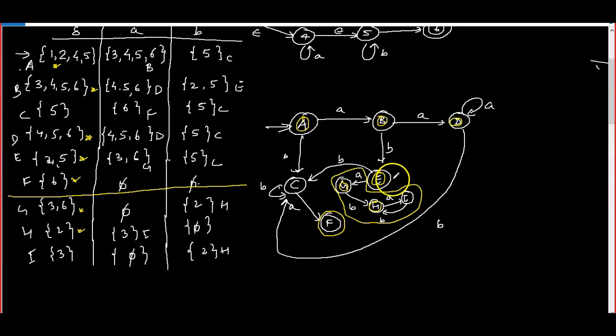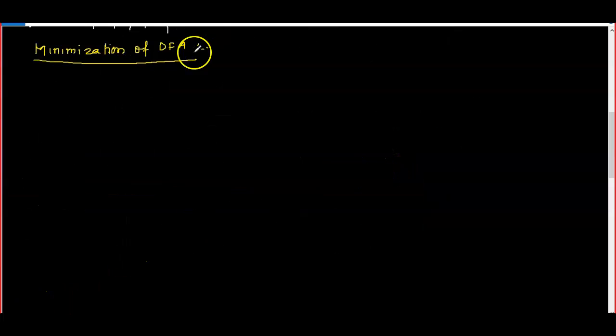Any doubt in this? No. So minimization of DFA is the next topic here. Now what will happen here? Consider you have been given several states. Consider somebody has asked to design a DFA. You have designed it by taking 4 states, Q0, Q1, Q2, Q3.